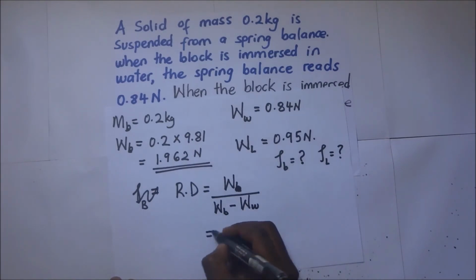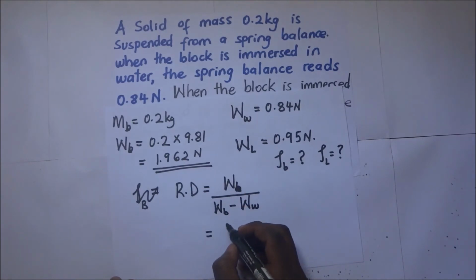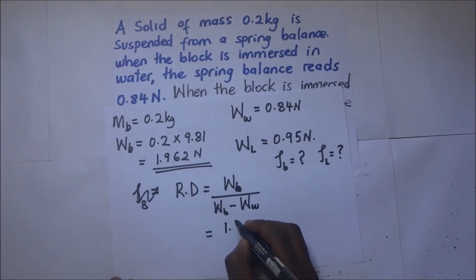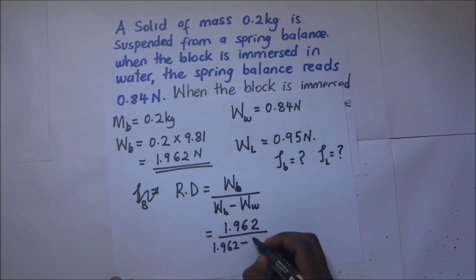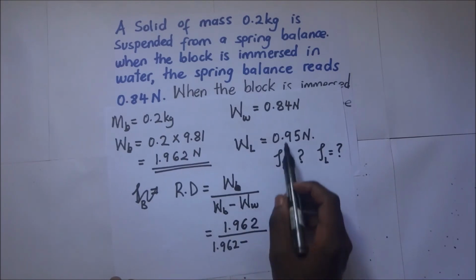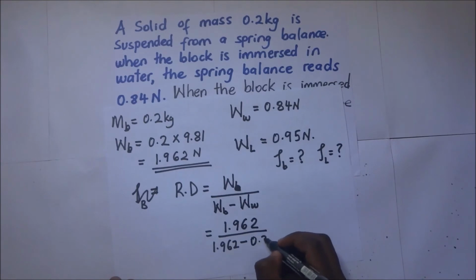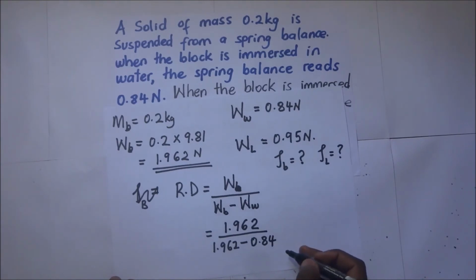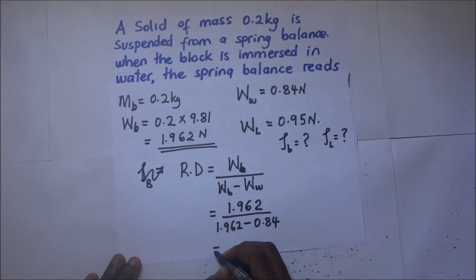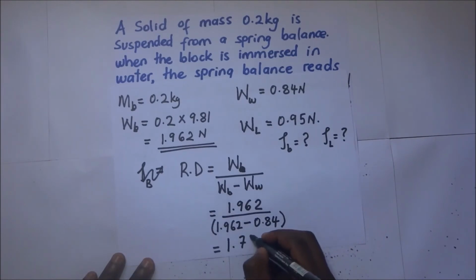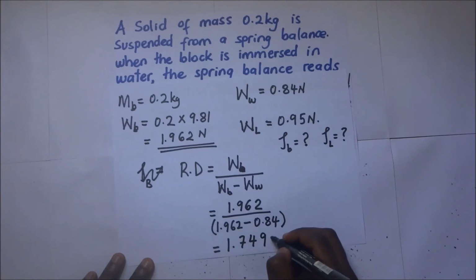In this case, it's going to be 1.96 divided by the weight of the block minus the weight when it's in water, which is 0.84. And this is going to give us 1.749.